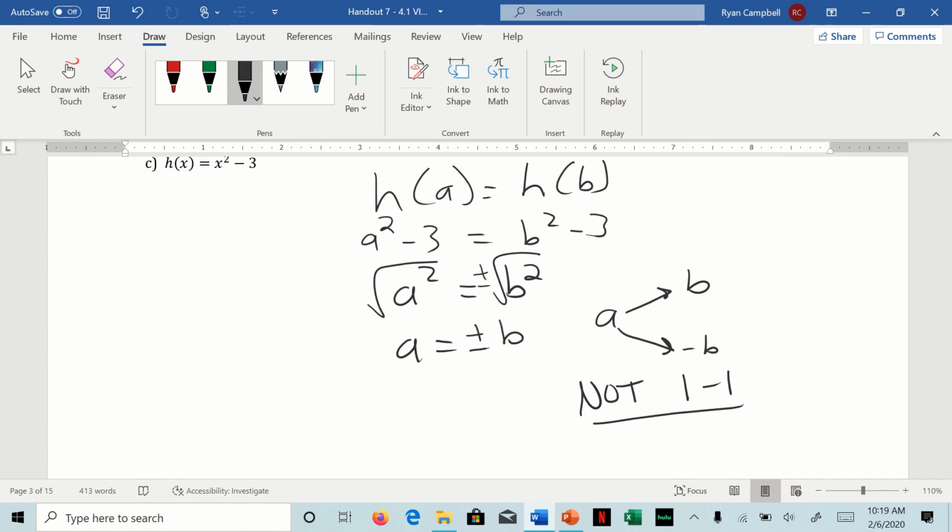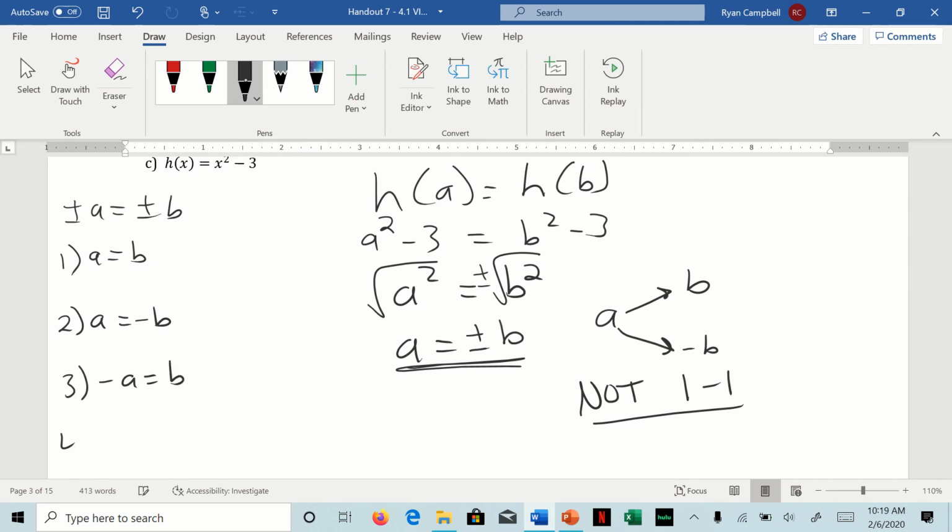Now, side note, some of y'all might say, well, hold on a second, we did square root of both sides. How come it's not plus or minus A equals plus or minus b? Well, if we list out all those possibilities, it basically just simplifies down to this. If we had plus or minus A is plus or minus B, then that means either A equals B, positive A equals negative B, negative a equals positive b, or negative a equals negative b.